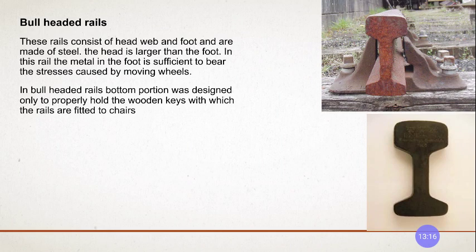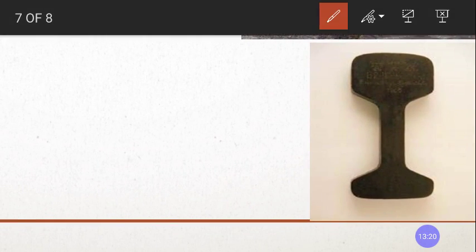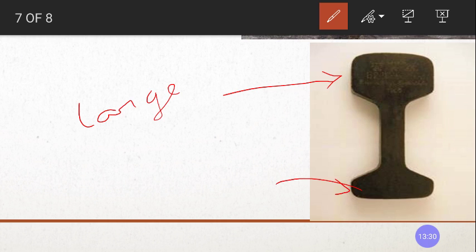If you can see these two images, you can see this image here. You can see the upper head is larger and the lower head or lower table is smaller than the upper head. It is smaller.